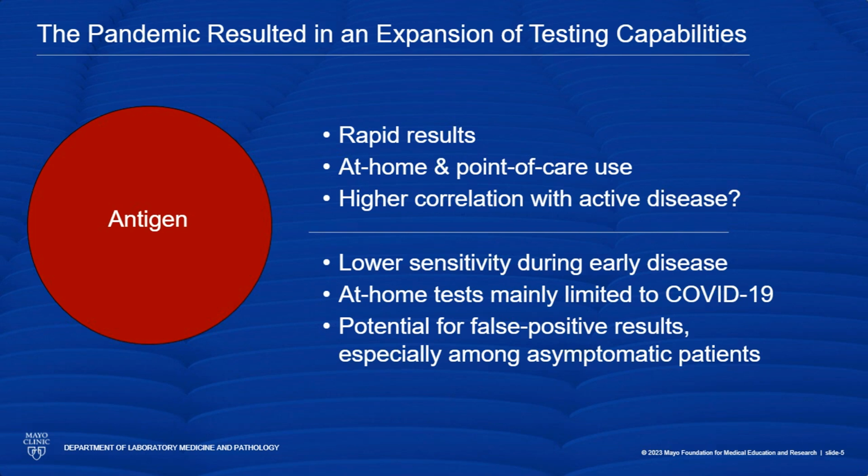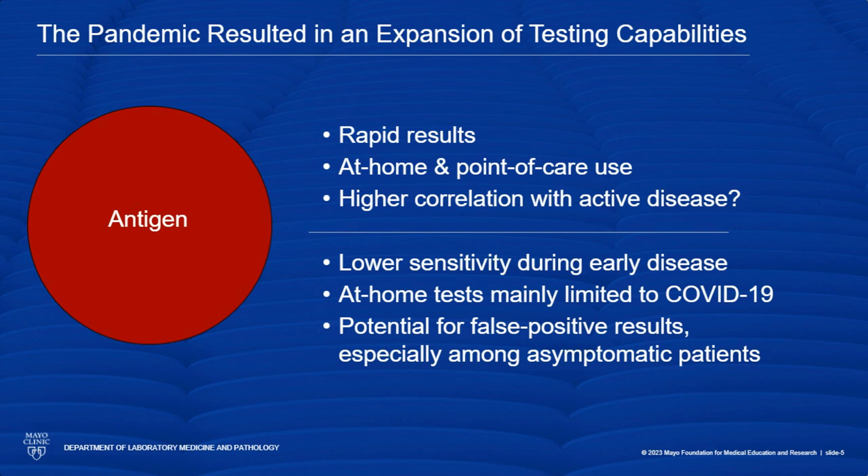Of course, we know from years of experience that antigen tests may suffer from lower sensitivity, especially early during a disease course or after exposure to an infected individual. Currently, most of the at-home antigen tests are limited to COVID-19, but I anticipate that in the coming years, we may see more at-home antigen tests available for other respiratory viruses in the United States, like influenza, RSV, metapneumovirus.